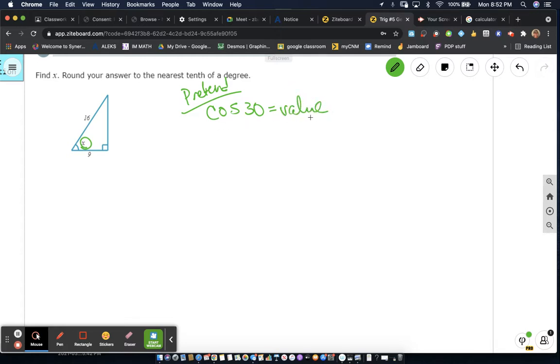That's great. But what's cool about it is sometimes if we know the value of the cosine, we can find the degree of the angle, okay? And that's what we're going to do now. There's a button on your calculator.